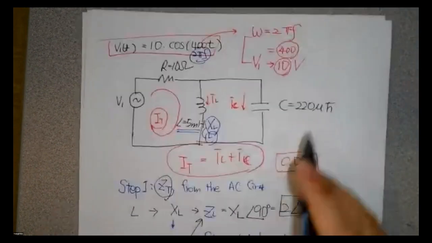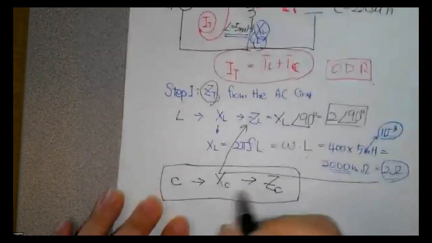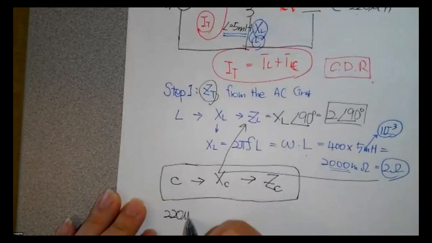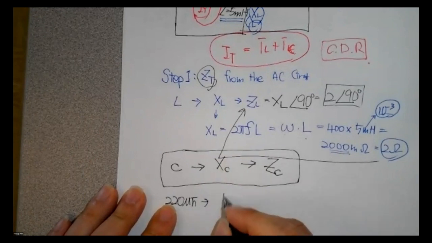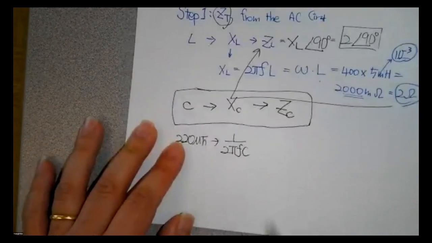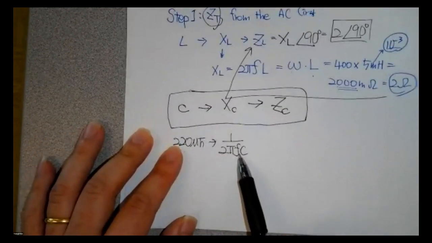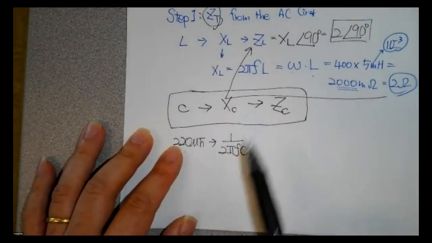So C from the circuit is 220 microfarad here. And what is the X sub C? Do you remember, like this one, 1 over 2 pi f C?